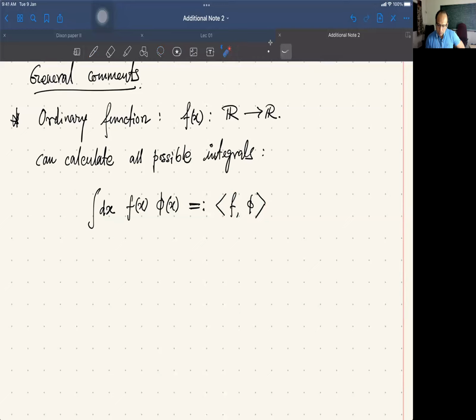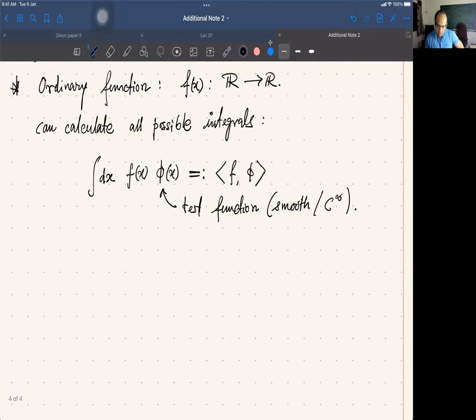So for an arbitrary function phi, which is a test function which we take to be smooth, or C infinity, an infinitely differentiable function, if you take all possible such functions, since this integral can be calculated because I know what f(x) is, that gives us the entire data of all possible inner products between the fixed function and all possible test functions.